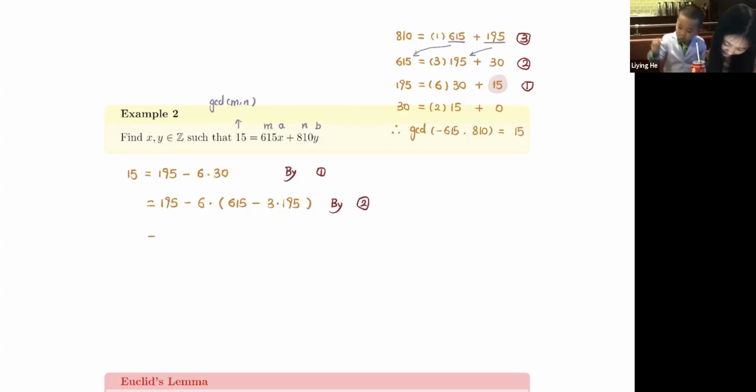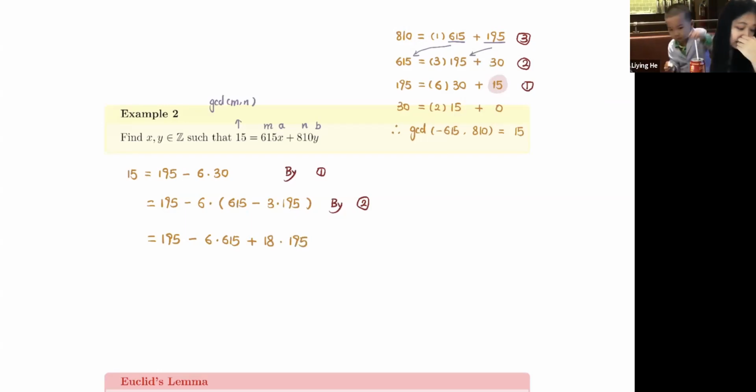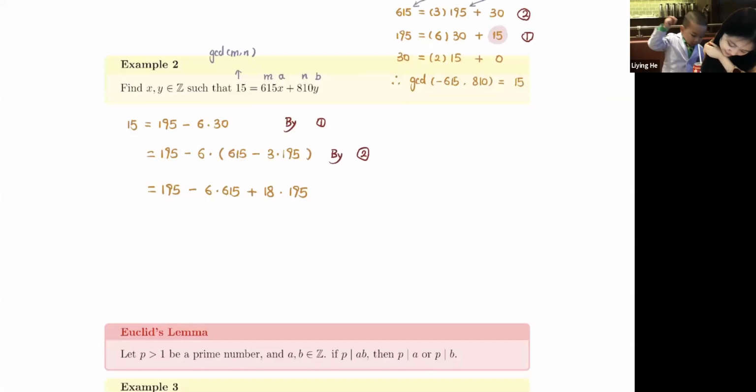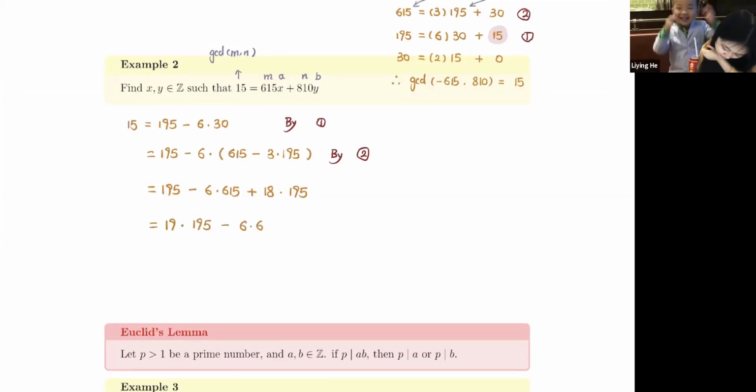So that's going to give me 195 minus 6 times 615 plus 18 times 195. Okay, now I can collect them. So that's going to give me 19 times 195 minus 6 times 615.